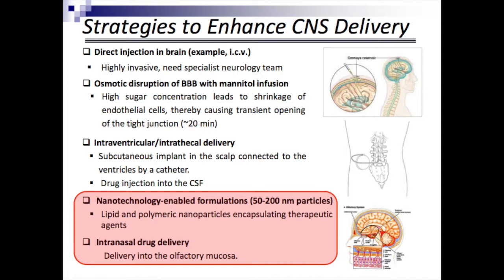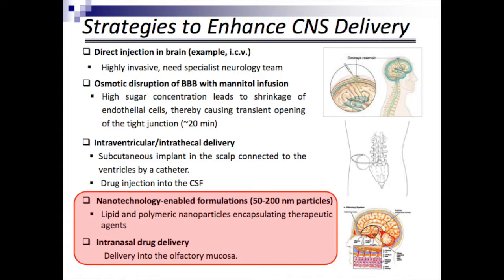You can disrupt the blood-brain barrier by an osmotic mechanism, for example, using mannitol, which temporarily opens the tight junctions and allows molecules to go through. But these openings are transient, and at the same time, it's difficult to estimate how long one needs that tight junction to be open, and what else can cross over.